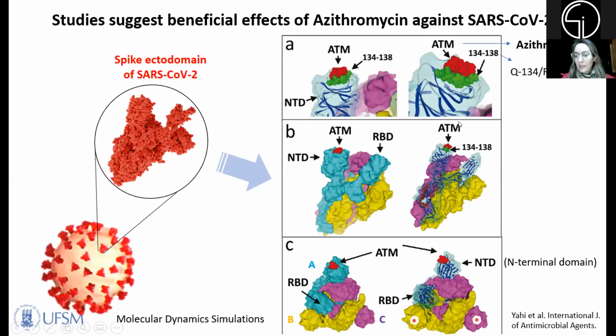We can see here subunits A, B, and C of spike. Note that the B and C subunits also display azithromycin binding sites. In the suggested mechanism, azithromycin could act as a competitive inhibitor of SARS-CoV-2 attachment to the host cell.